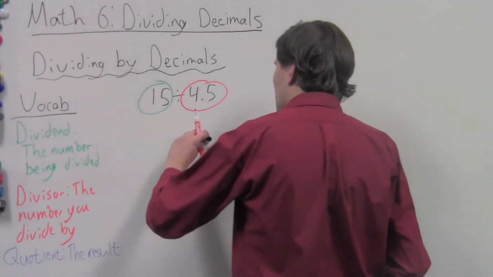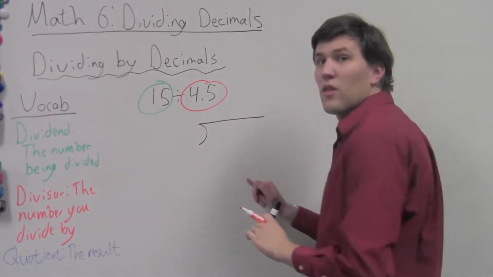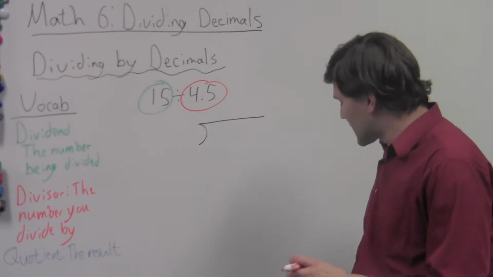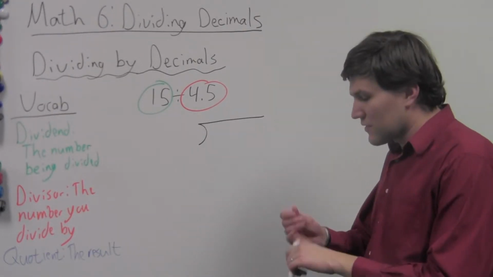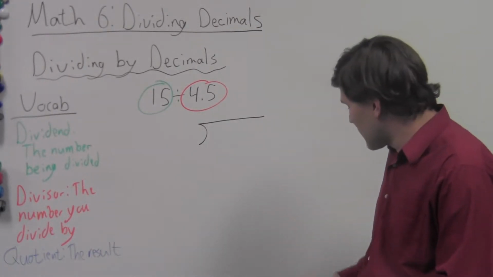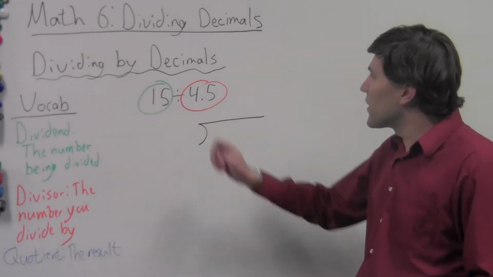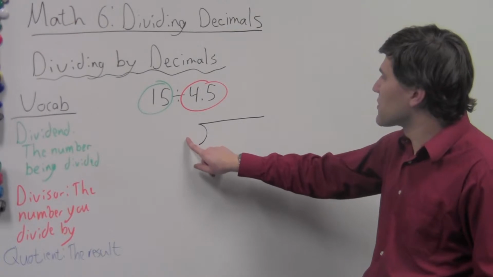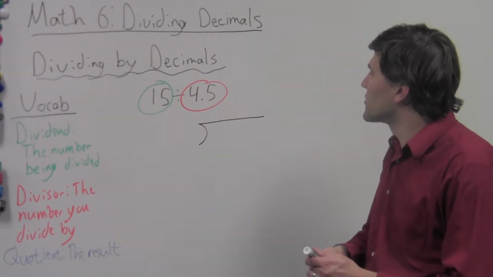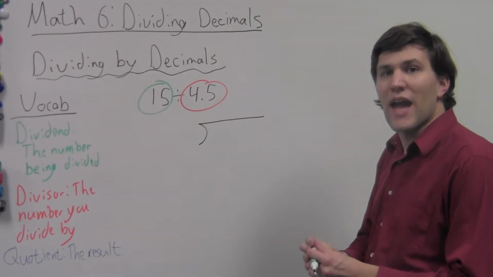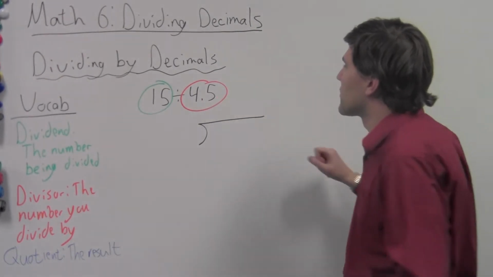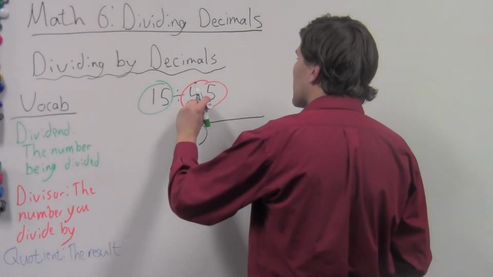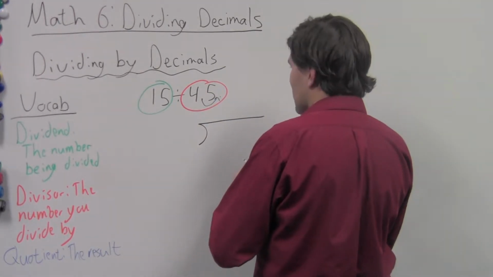So I'm going to set up our long division symbol here. And instead of putting in 15 and 4.5, we need to rewrite these a little bit. We can only have whole numbers in our divisor if we want to do long division. So we have to move the decimal point over. What we're really doing when we do this is we are multiplying by 10.